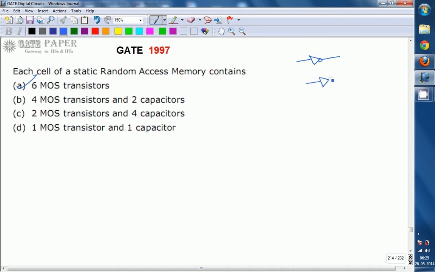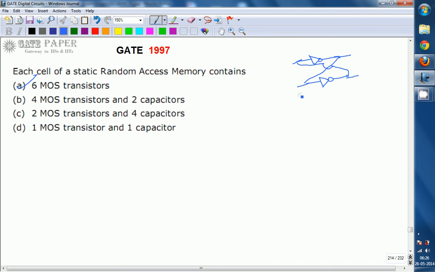So this is going to be two inverters, cross connected like this, and this cross connection is going to be accessed. There will be a 1 bit storage memory element; each cell can store 1 bit of information. That 1 bit is going to be stored in a latch, which is a cross coupling of two inverters.